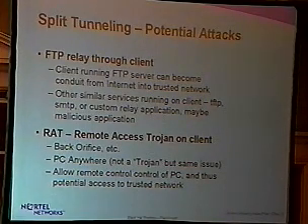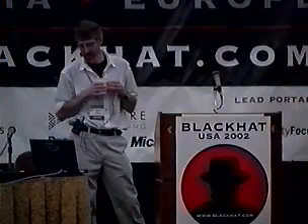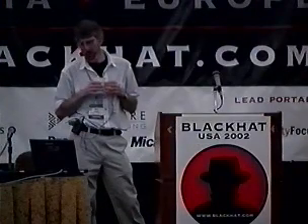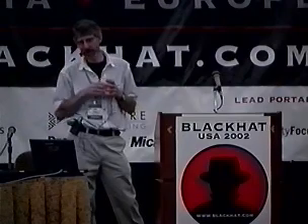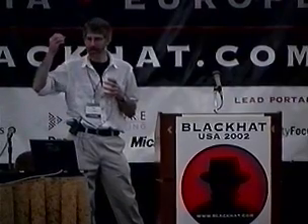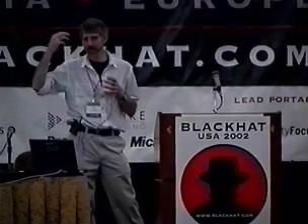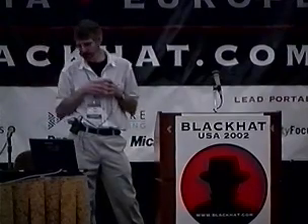FTP relay is one that popped up immediately, but SMTP or some custom designed application could have the same effect. A remote access Trojan or some kind of remote control of the client PC also might be a possibility if you allow traffic from that client to the internet at the same time that it's talking to the trusted network.